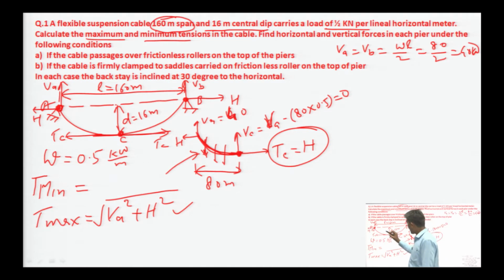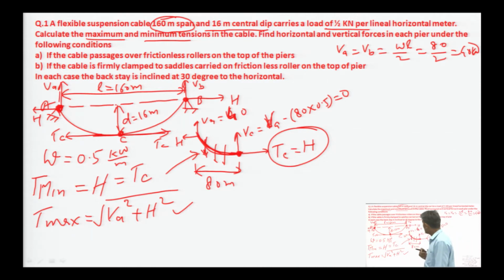The conclusion is that as we move from support point A to the central dip, there is a continuous drop in the value of tension. The tension value decreases continuously, and if we move further to the right support, then the tension is going to increase. So, the minimum value of tension is H, and that will be at point C, or you can write it as the tension at point C.